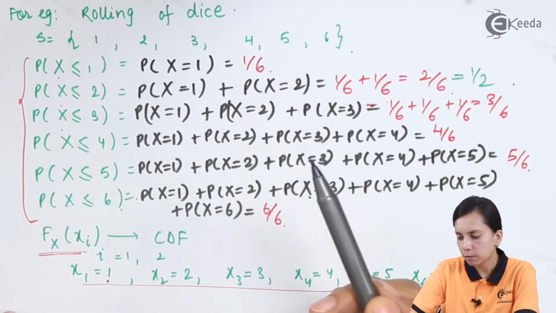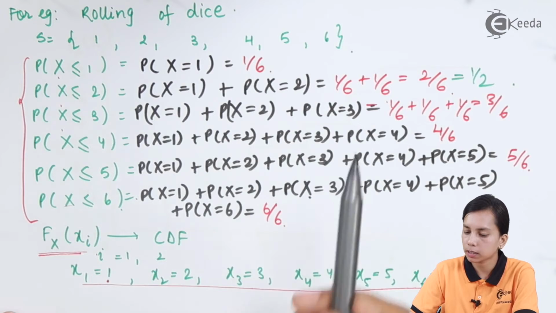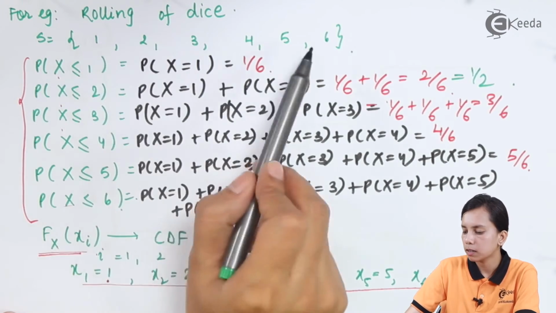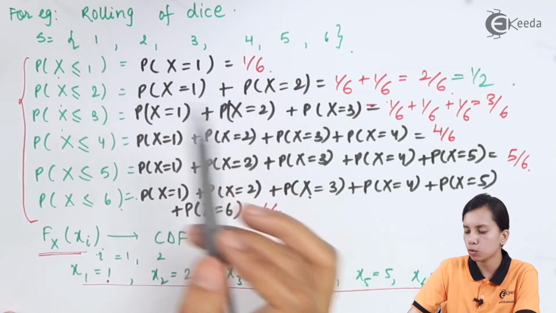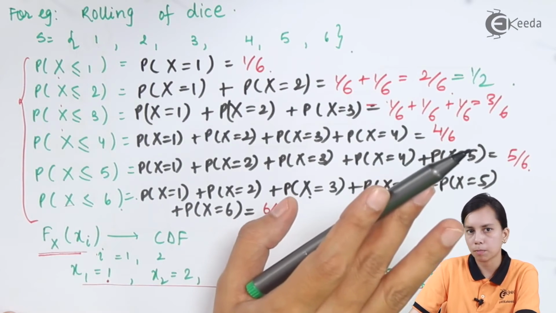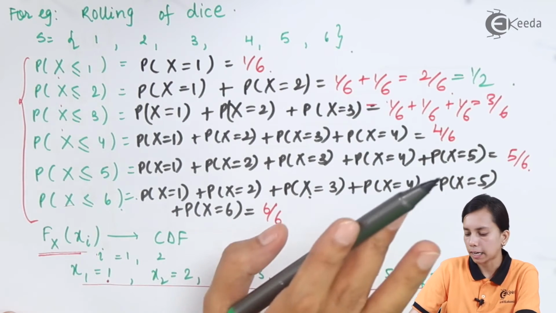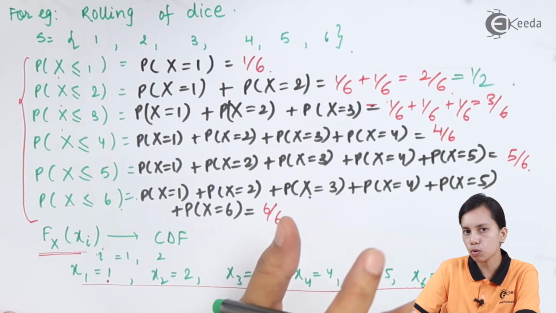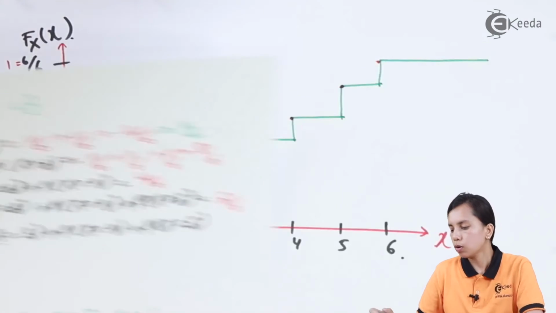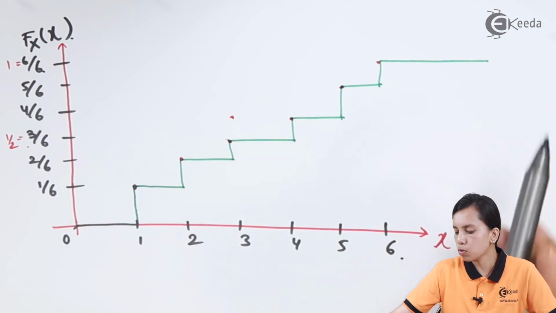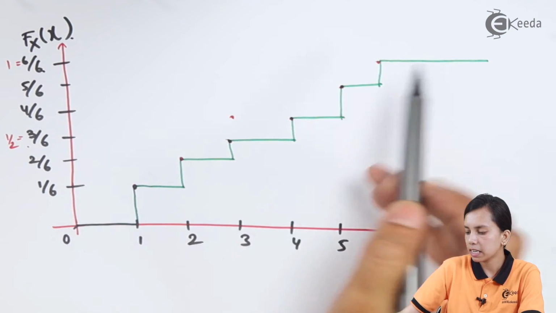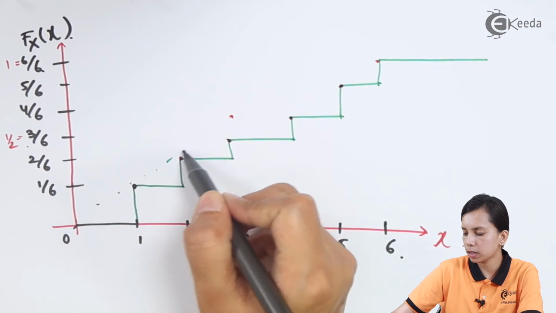All the events are certain, it is always true that we are getting some number: at least we are getting 1, 2, 3, 4, 5, 6, any number, whenever we throw a dice. So this is a certain event, that's why its probability is always equal to 1. It is starting from 0, and this function is increasing in nature.